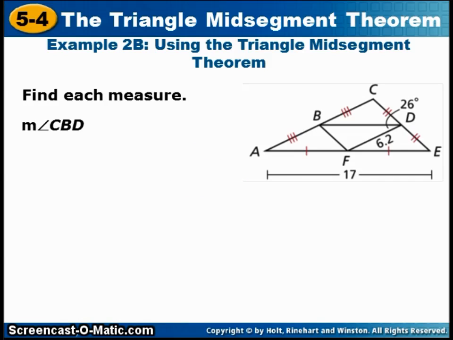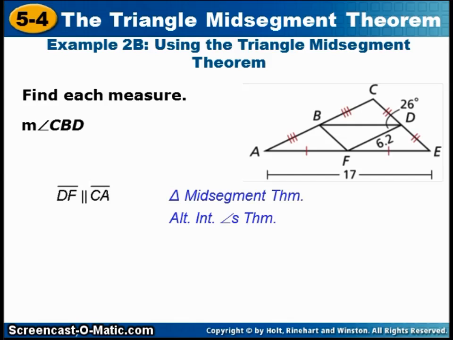Okay, let's look at another one. We want to find the measure of angle CBD. Okay, so CBD is right up here. Looking again at the diagram, the midsegment theorem tells us that DF is going to be parallel to CA. Here's CA, DF.